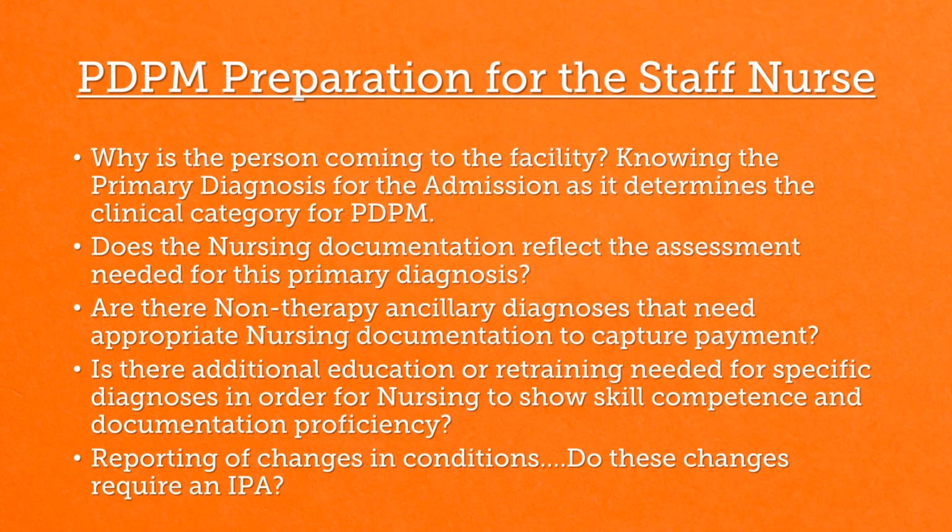We know in the non-therapy ancillary section, Medicare is giving us a little bit extra money for some specific diagnoses. Example, morbid obesity. So if we're claiming that as a diagnosis that we're putting in the I-8000 line, we want to make sure that there is a note that reflects it, which could be as simple as the admission note saying, Mr.